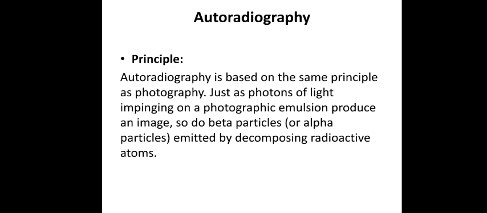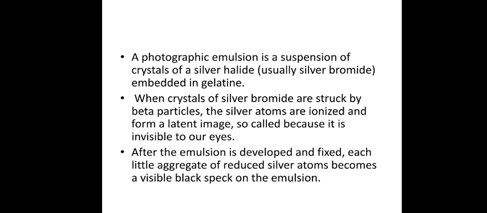Just like a photographic negative, you are going to develop it and then analyze the image you obtained. You will be able to locate the chemical, the molecule of your interest, and later on you might also be able to quantify it. The photographic emulsion in autoradiography contains a silver halide, usually silver bromide, embedded in gelatin.